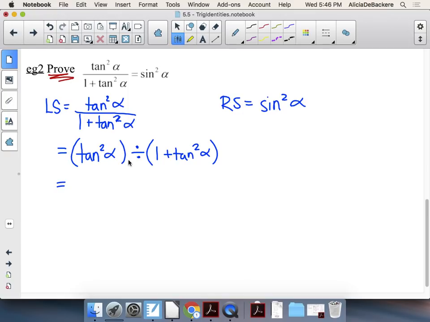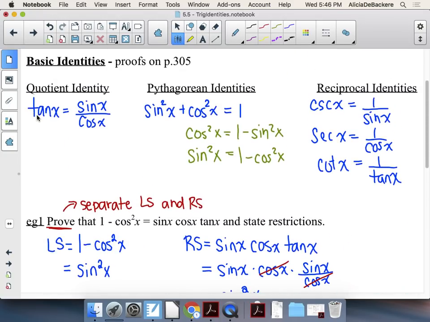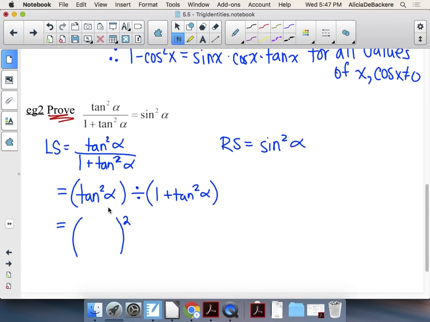And now what I can do is replace. So instead of tan squared alpha, I know that that means take tan and square it, right? When I put the squared on the inside, it means take tan and square it. But instead of writing tan of alpha in here, I'm going to go up and remember that tan of x is the same as sine of x over cos x. So I'm going to replace tan of alpha with sine of alpha over cos of alpha.